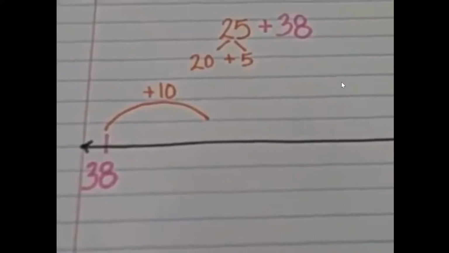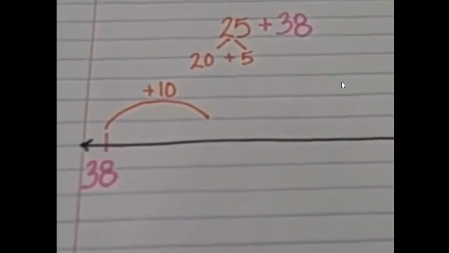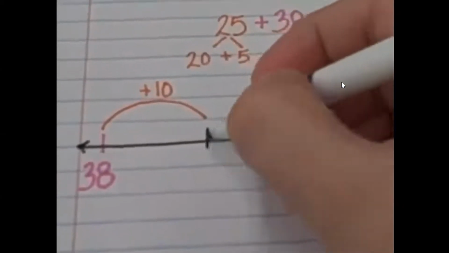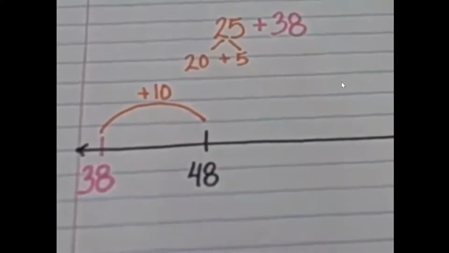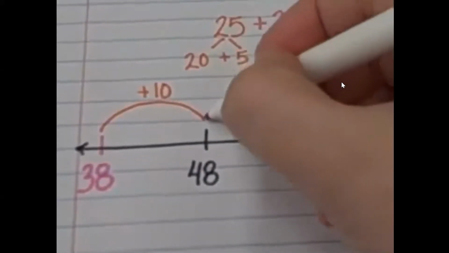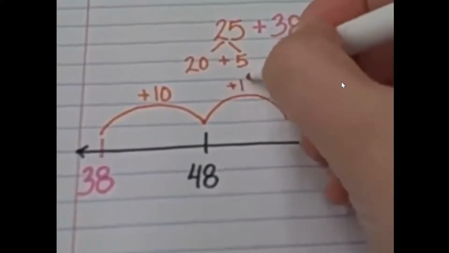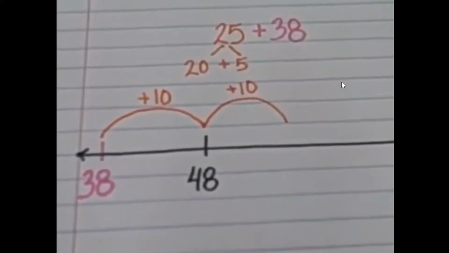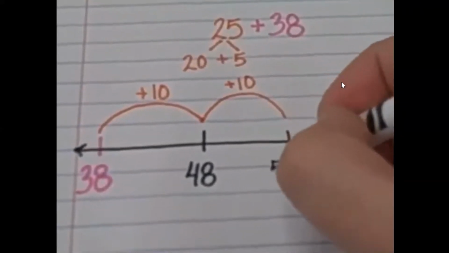But first I'm going to add 10 and 38. 38 plus 10 is going to be 48. I'm going to add another 10 to that, so that way I have 20. 10 plus 48 will equal 58.